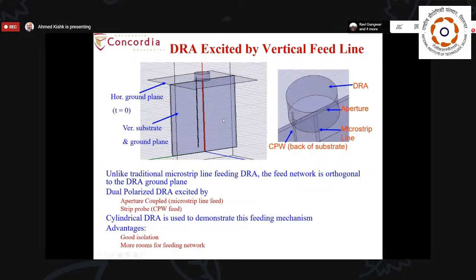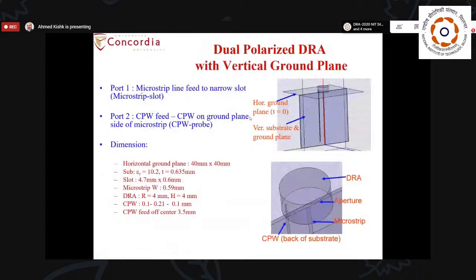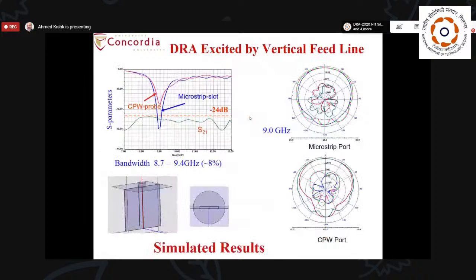So you need a large area that is larger than whatever is between the elements in an array environment. But here it will provide you a wider area to put your devices on the same board. So this gave us very good isolation between the two polarizations, better than 24 dB, and good radiation characteristics.